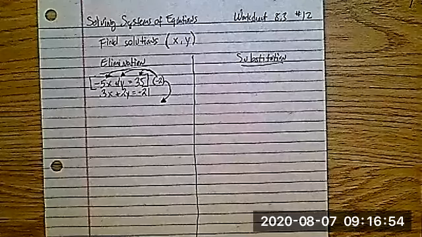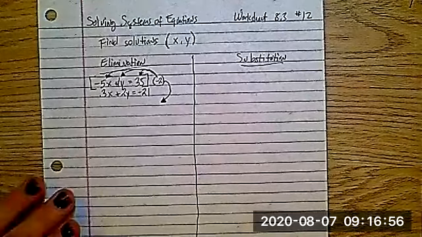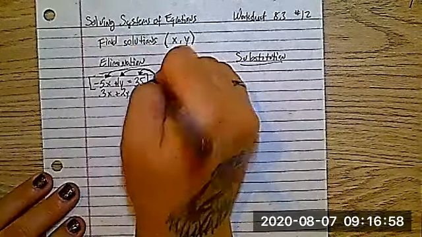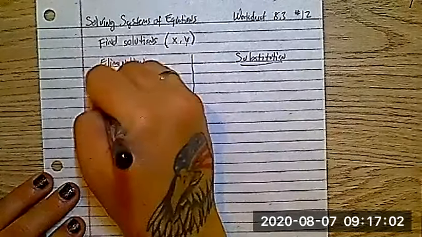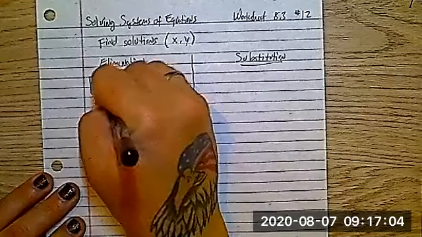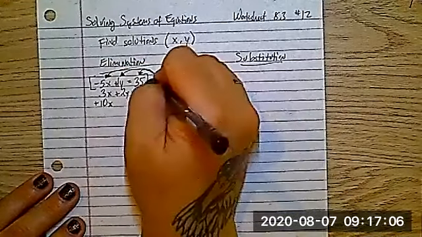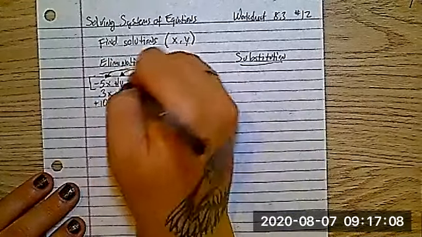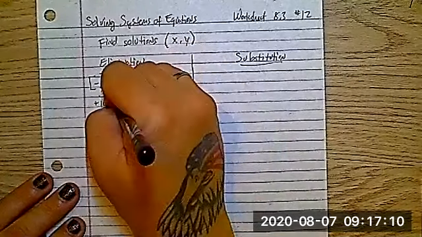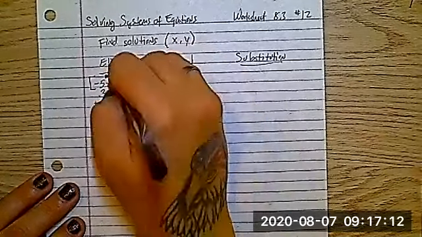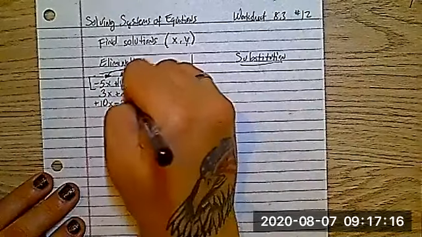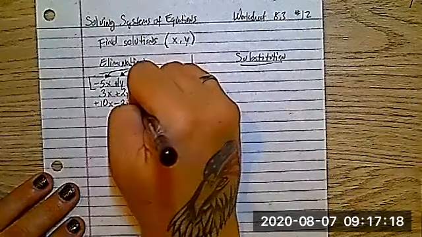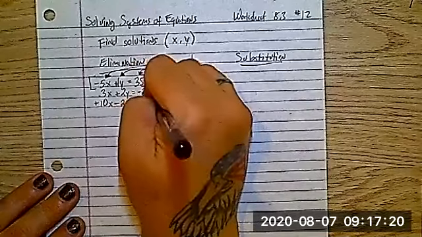So negative times a negative, positive. 2 times 5, 10. And the variable is just an x. Next term, negative 2 times positive 1y. Negative times a positive is a negative. 2 times 1 is 2, and then the only variable you have is a y. And this equals 35 times negative 2, negative 70.